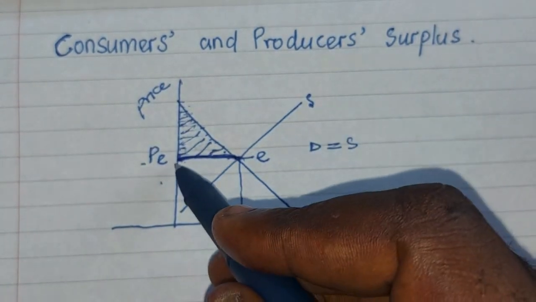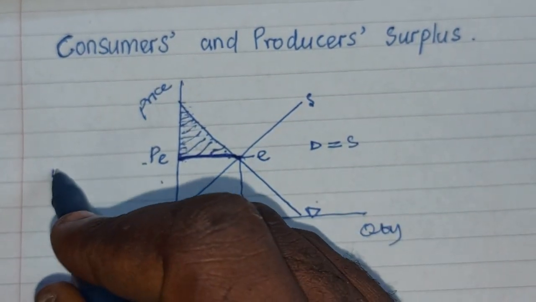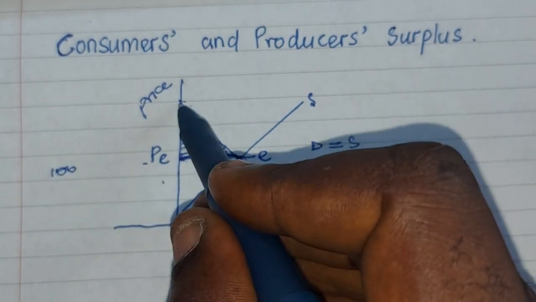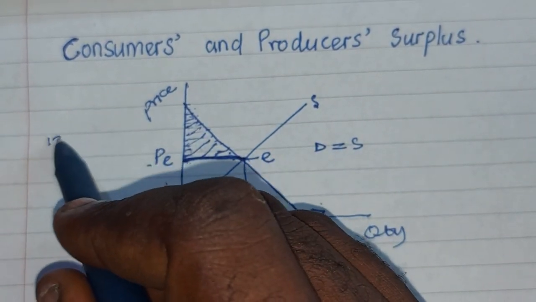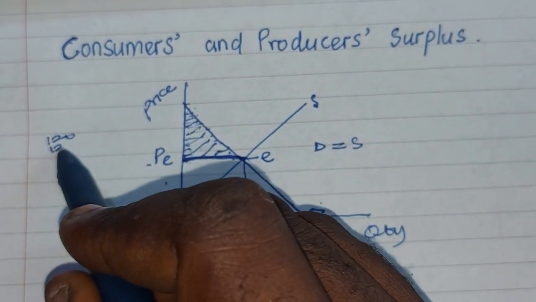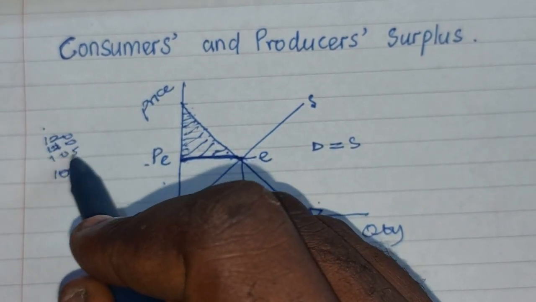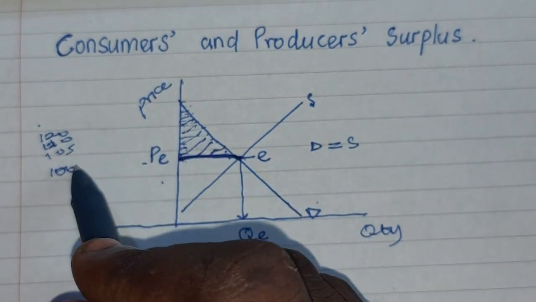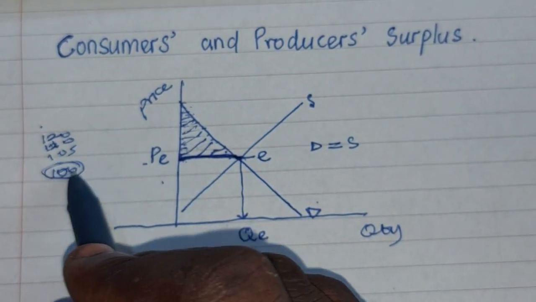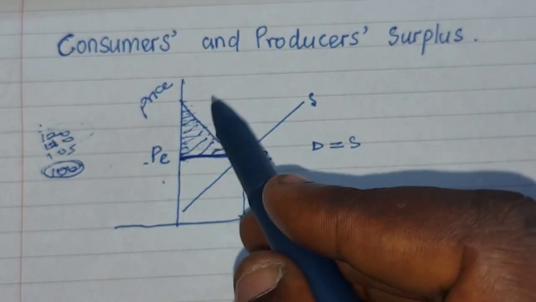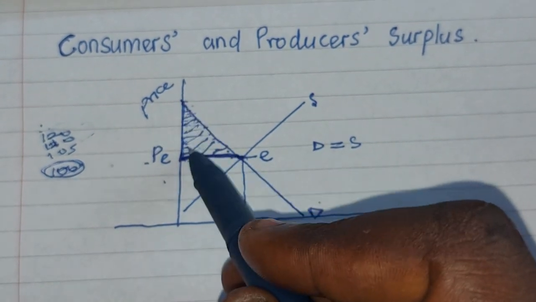Okay, the price is lower. Supposing the price is 100 naira, but the consumers can afford to pay 120, 110, 105, and so on, but they eventually pay 100 naira. All these excesses are called surplus.